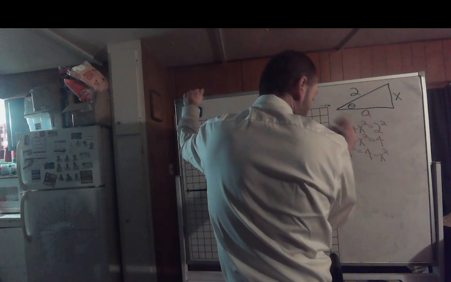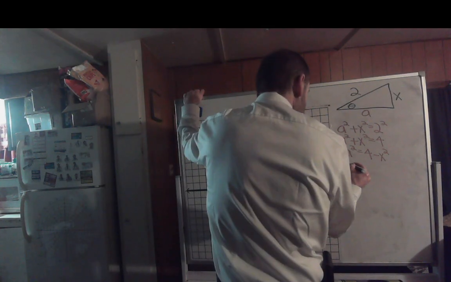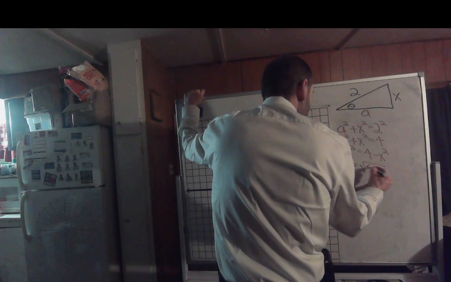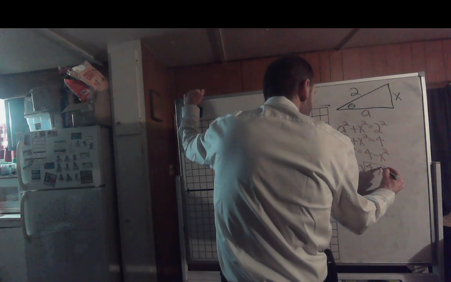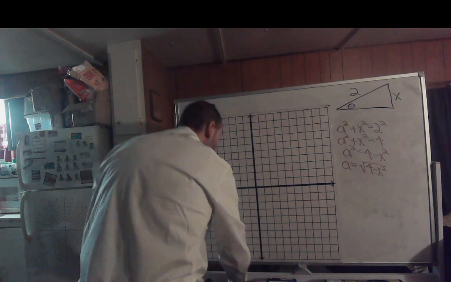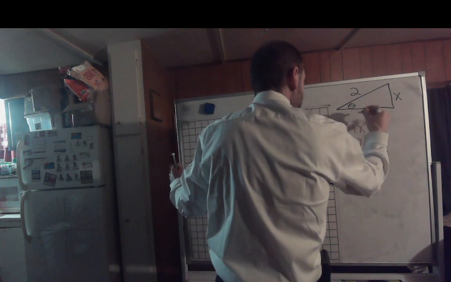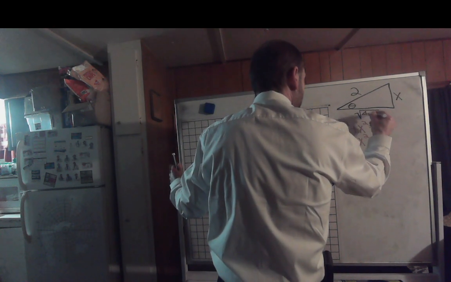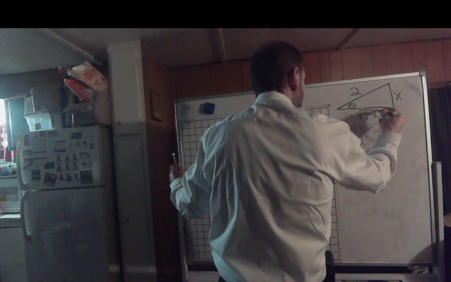And since we're dealing with the length, we only care about the positive square root. So a would equal the square root of 4 minus x squared. These come up all the time in calculus, especially in Calc 2.